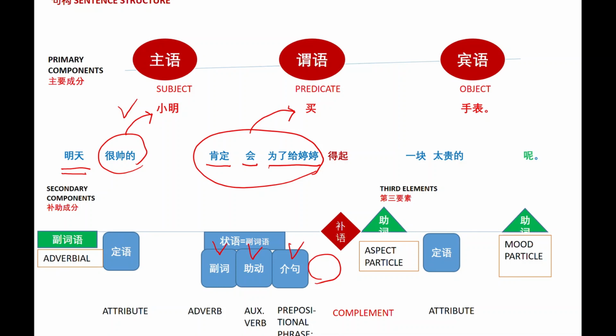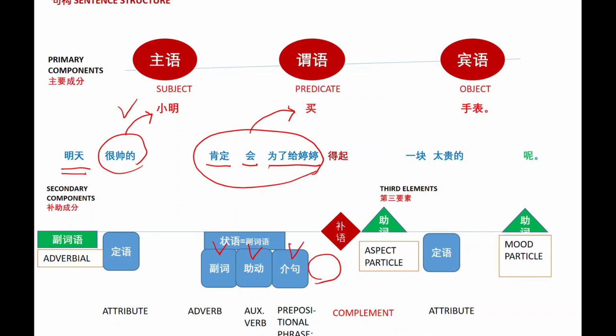Into English, tomorrow the handsome Xiaoming will buy a watch in order to give Ting. Right? Here you may find the difference in position of the prepositional phrase.